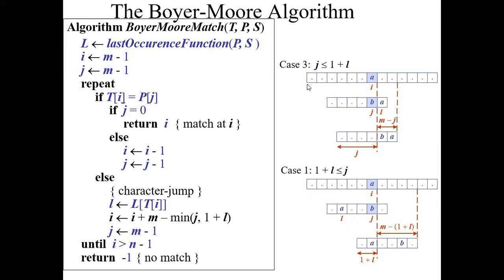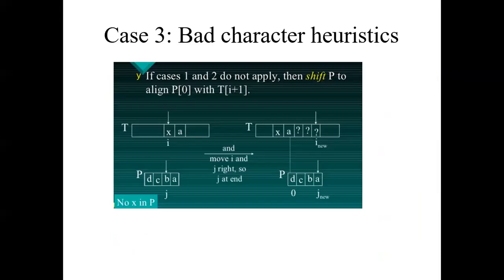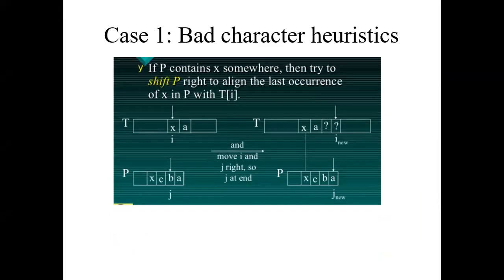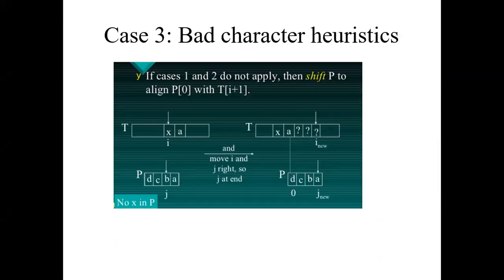This is case 2, which I discussed last. And here this is a mismatch character which is present in the text. This is which case, of those 3 cases which we have discussed? This was case 1. Okay.